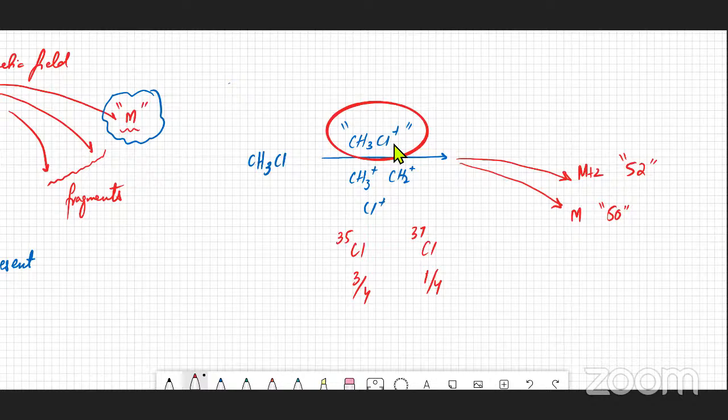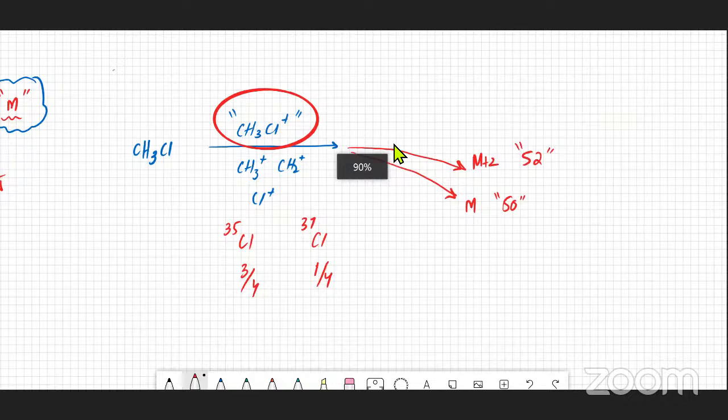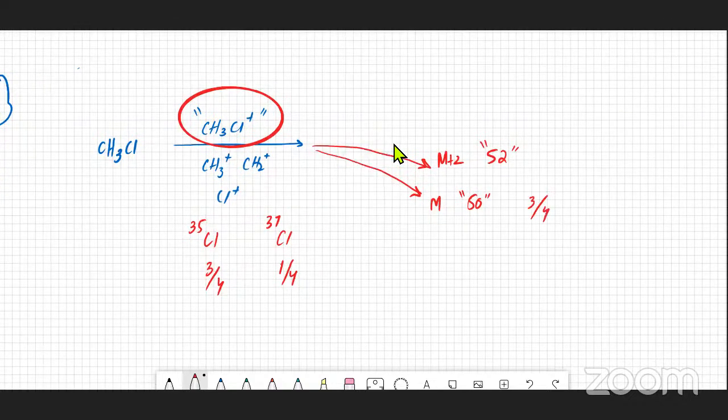So now, moving forward, what's the probability of getting Cl35? That's 3/4. What's the probability of getting Cl37? That's 1/4, right? So what's the probability of the particle having a mass of 50? That's 3/4. What's the probability of getting a particle with a mass of 52? That's 1/4.